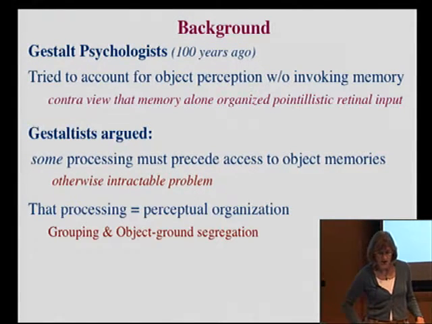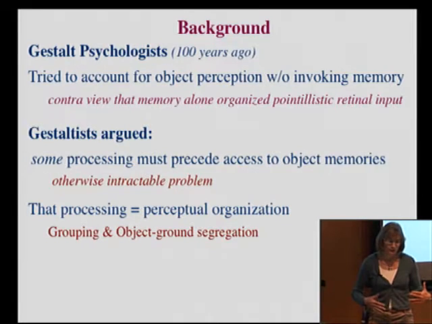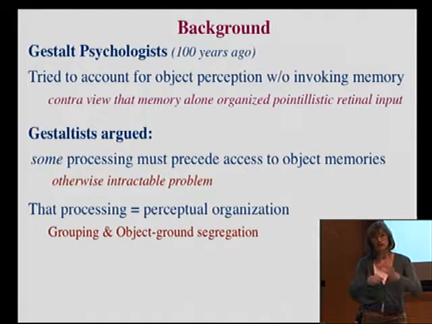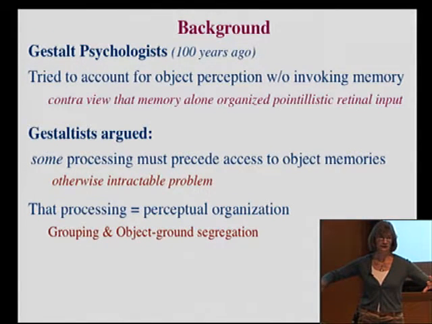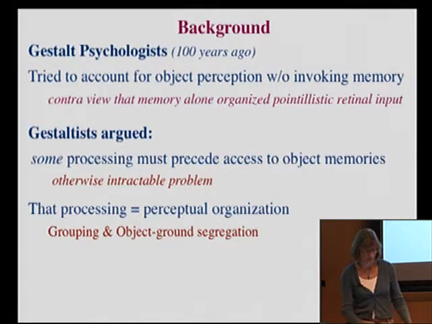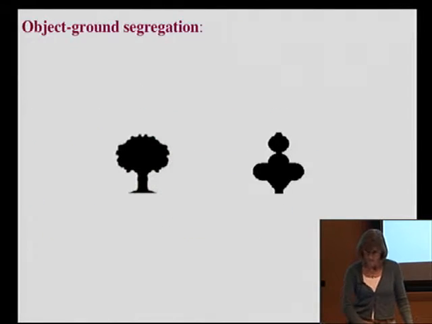So what they argued is that perceptual organization comes first, and that is grouping together what goes together and segregating apart things that are different, and that means segregating objects from their backgrounds. And that's what I'm going to talk about here.